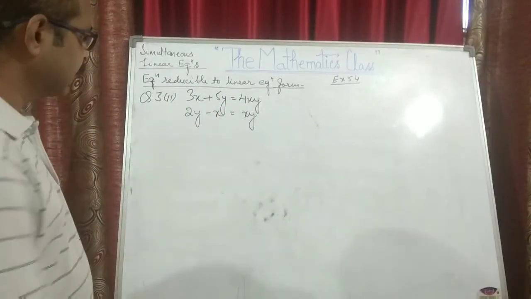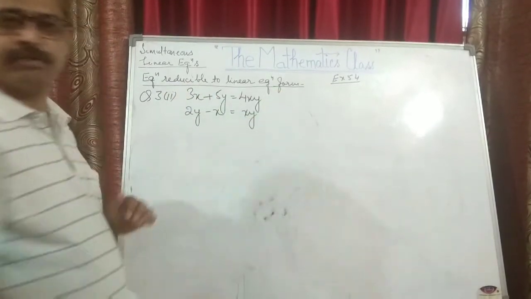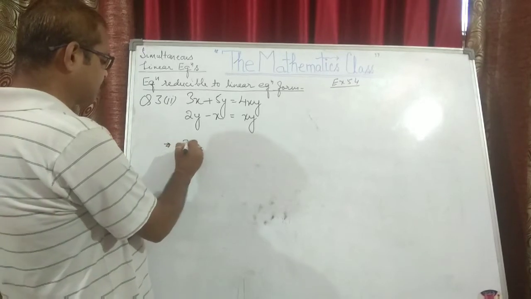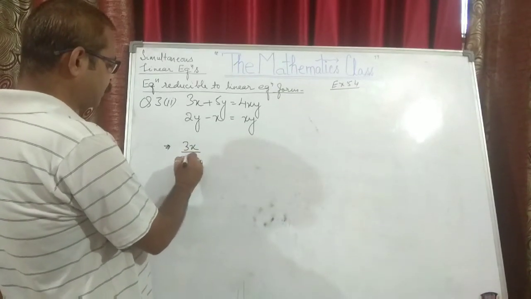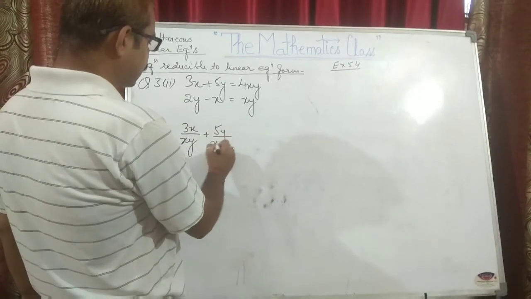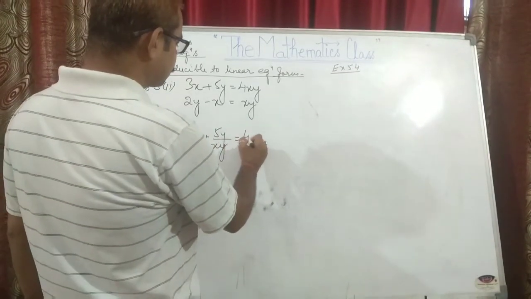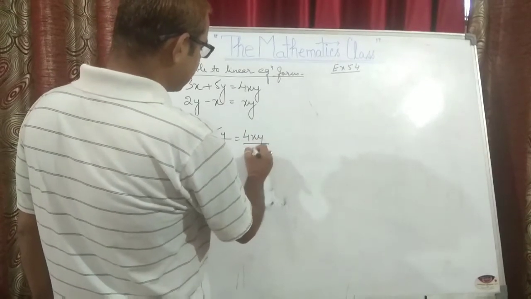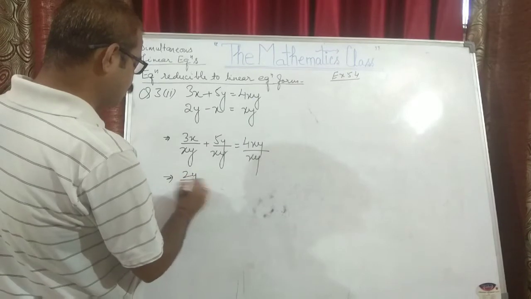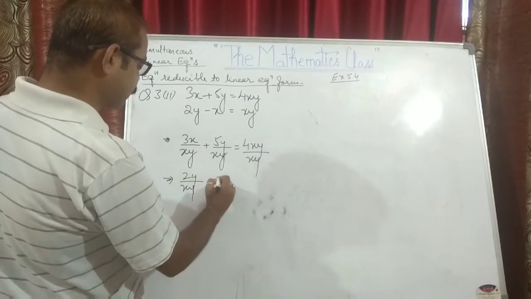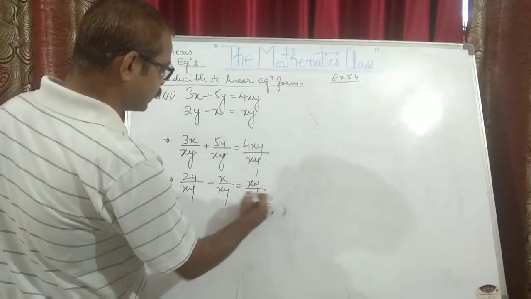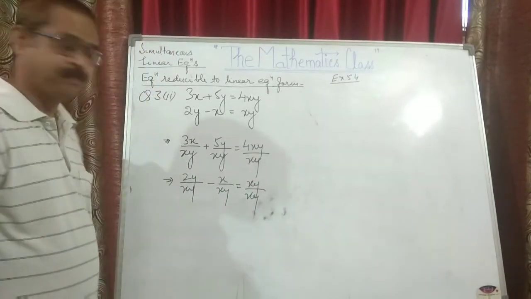So what you can do is divide the whole equation by xy. So it will be 3x upon xy plus 5y upon xy is equal to 4xy upon xy. Similarly, the second equation will be 2y upon xy minus x upon xy is equal to xy upon xy.